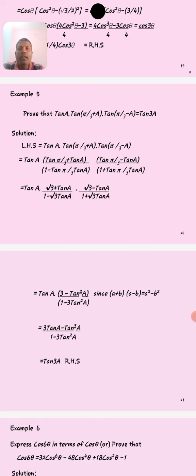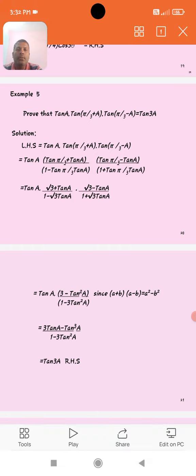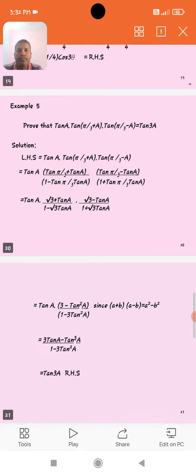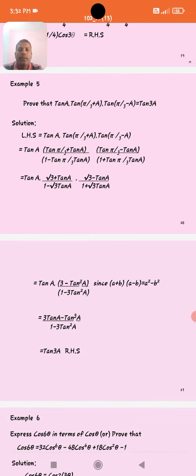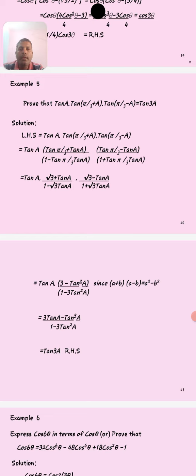That is equal to tan a into, what is tan pi by 3? 180 by 3, tan 60 degrees. What is the value? Root 3. So (root 3 + tan a) divided by (1 - root 3 tan a), into the same (root 3 - tan a) divided by (1 + root 3 tan a).